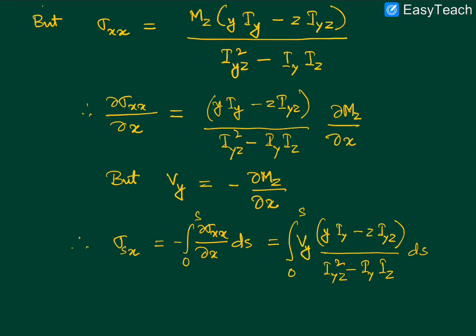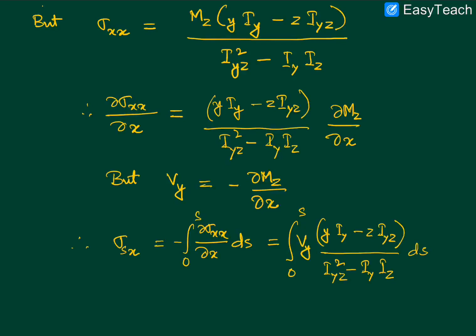now note very quickly that the Iy, the Iyz and the Iz are like geometrical characteristics of the entire cross section, and they are like constants for any given cross section.